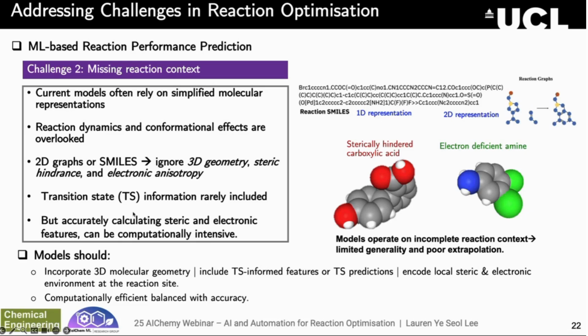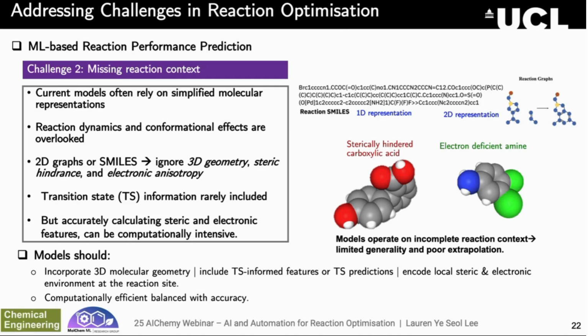They also miss reaction dynamics such as conformational changes and transition states, which can lead to limited generalizability and poor extrapolation. But as you can imagine, including such information can be computationally intensive and often not scalable.